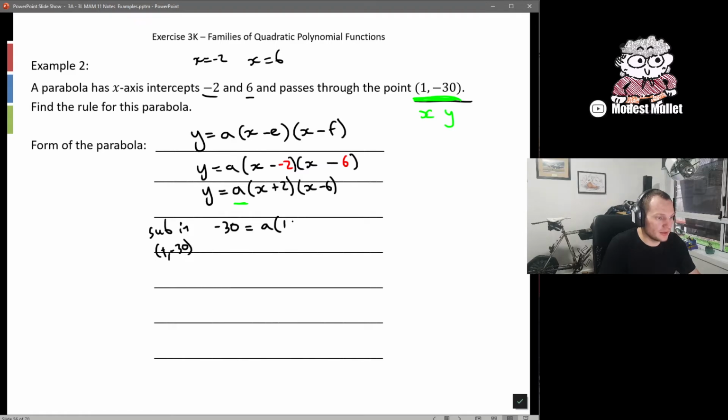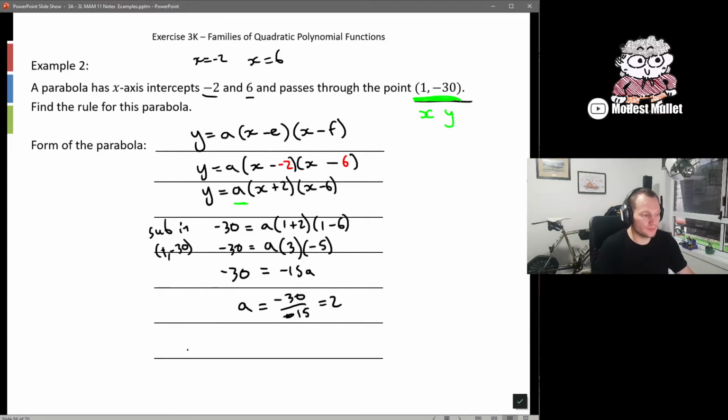subbing for x is 1, (1 plus 2)(1 minus 6). We get -30 is equal to a times 3 times -5, so -30 is equal to -15a. So a will be -30 over -15, which is equal to 2.